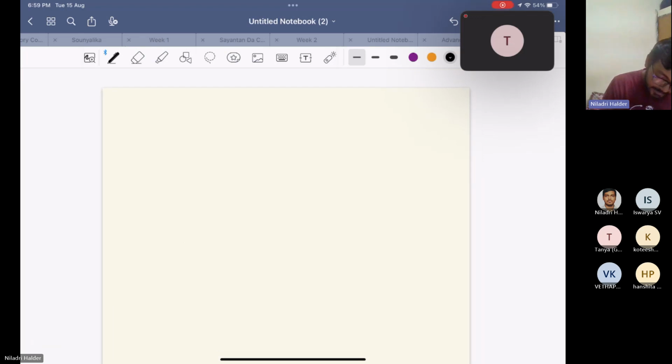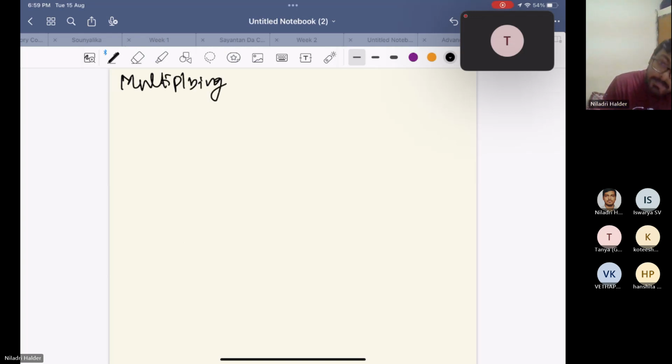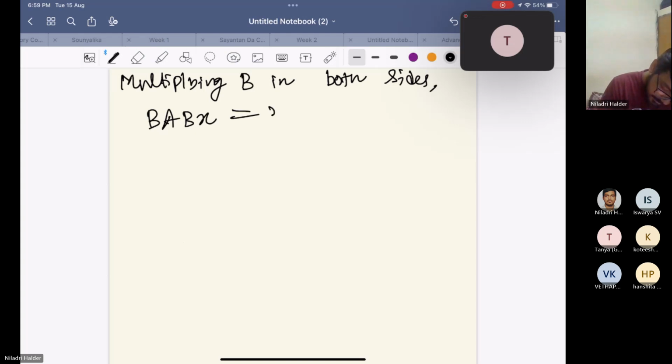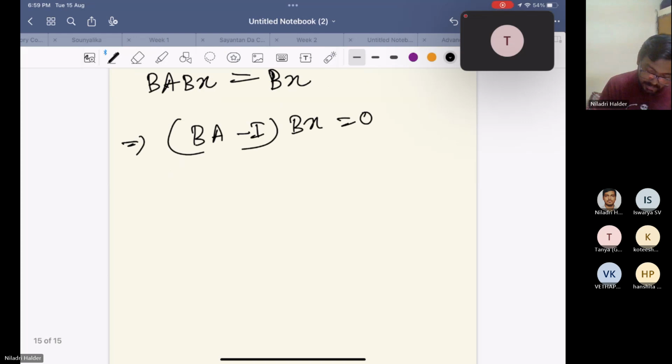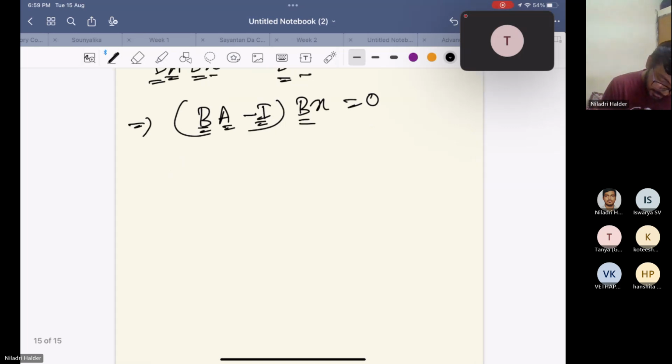So if ABX is the same as X, then we can multiply by B on both sides. So multiplying, we get BABX equals BX.